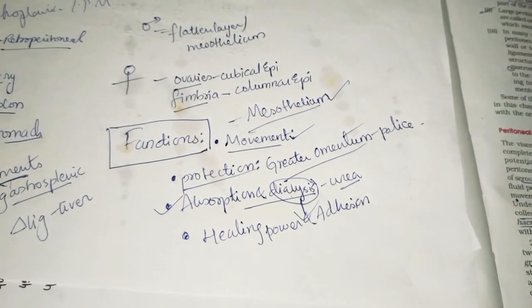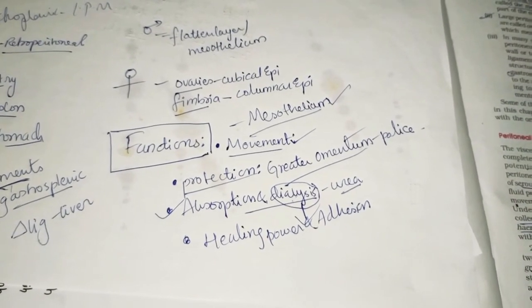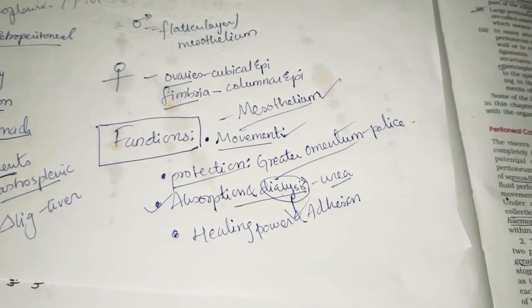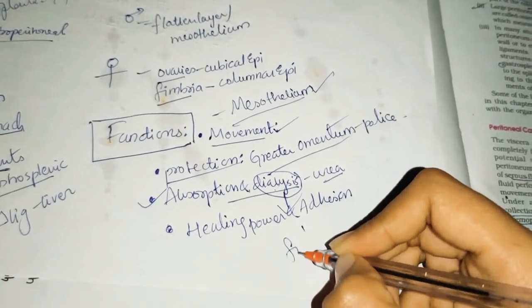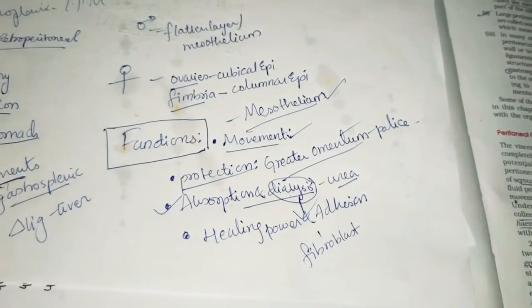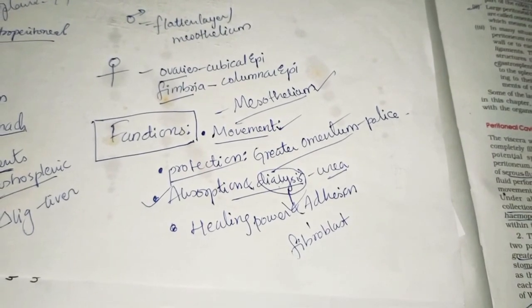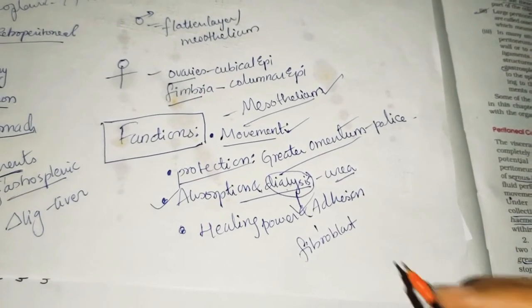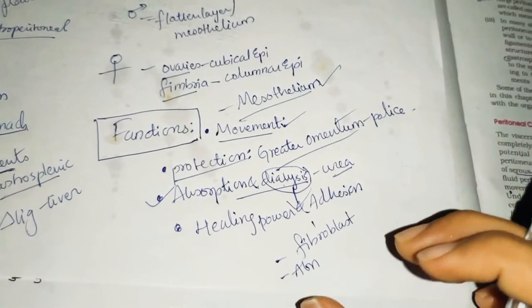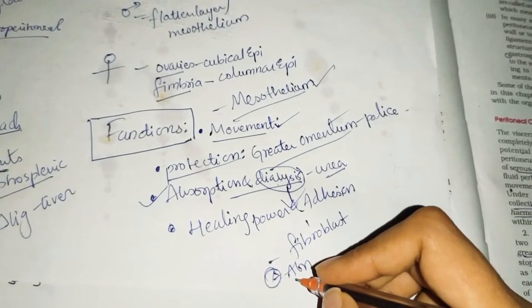For healing power also, the mesothelial cells of peritoneum come in. They transform into fibroblasts and promote wound healing, and they also form abnormal adhesions causing obstruction in hollow organs. So this is not a good thing, it is a negative thing, forming obstruction.